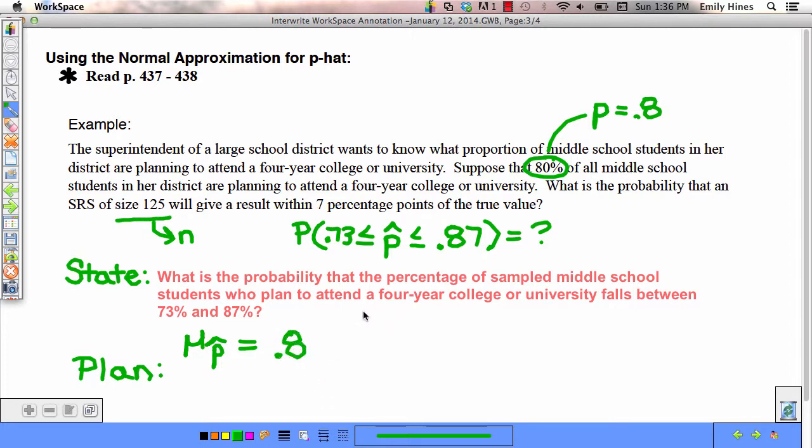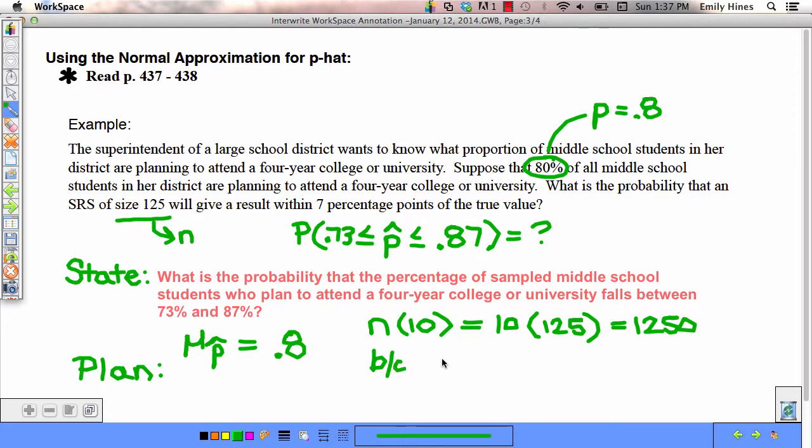Okay, then I want to say, is this independent? Can I say that this is independent? So I want to check my 10 times my sample size. Well, 10 times my sample size is going to be 10 times 125. So that's 1,250 students.